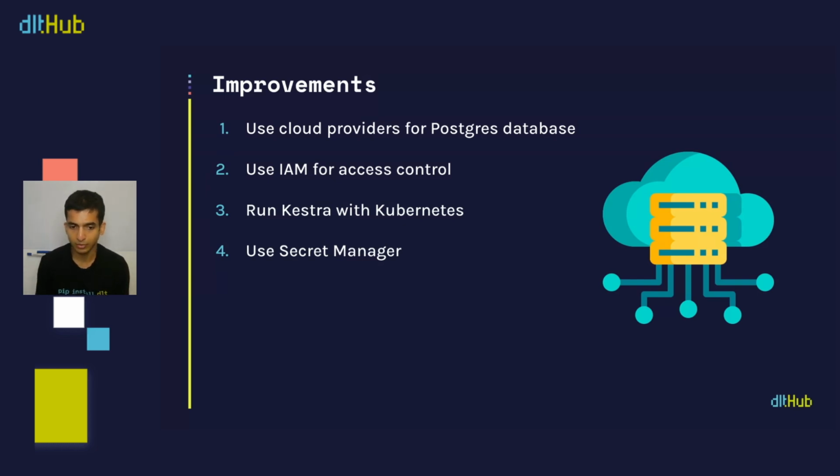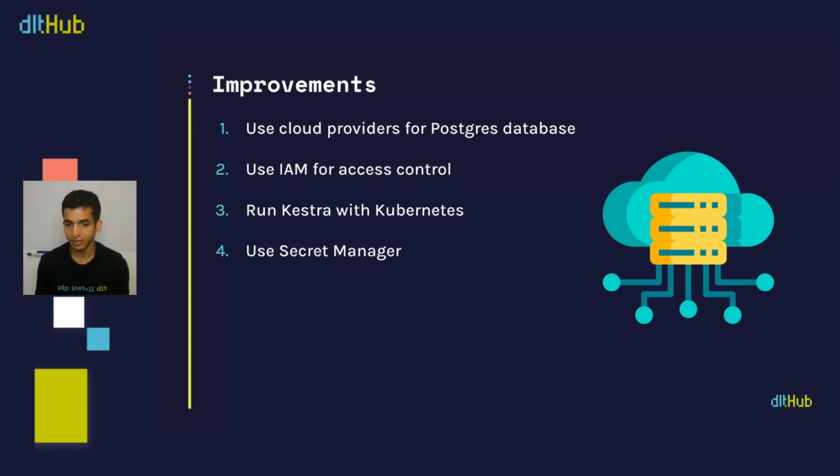Well, the first, of course, is you can use services from cloud providers for the Postgres database. And what I mean is currently, if you recall the Docker Compose YAML, when you spin up your Kestra instance, it comes with a Postgres database that stores your flow data and other metadata.